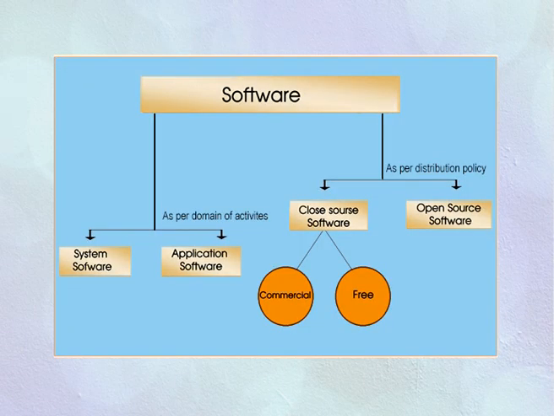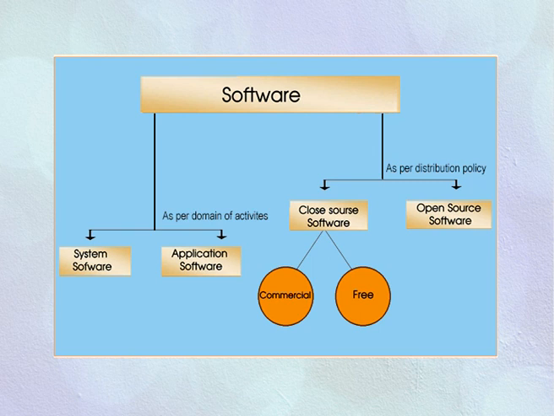Right from our childhood days we know that software is of two types, either system software or application software, but please remember that is as per the domain of activities. If we want to divide software as per the distribution policy, we can have two groups primarily, closed source software and open source software.